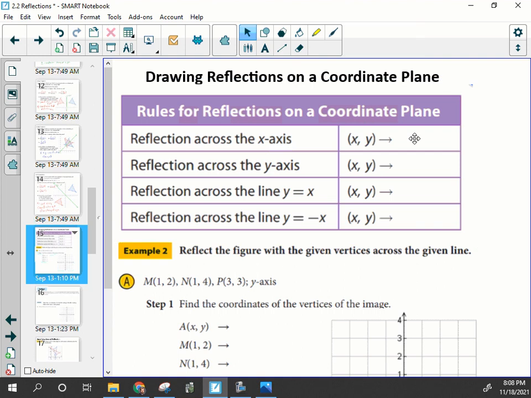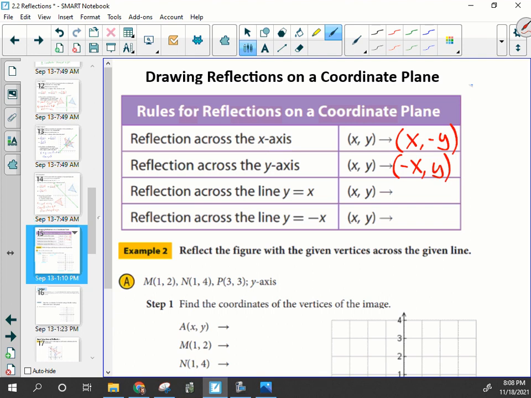So what did we discover? A reflection across the x-axis: the x-coordinate remained the same, the y-coordinate became negative, so x, y becomes x, negative y. When I reflected across the y-axis, the x-coordinate changed the sign, so it becomes negative x, y.